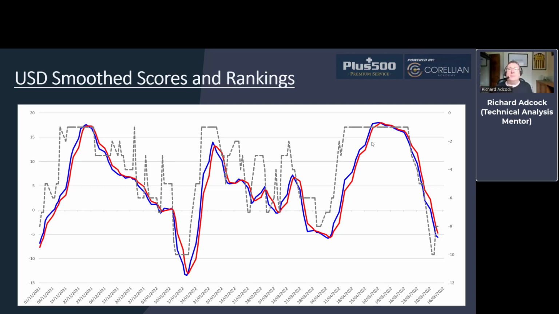So the blue line above the red line means that we're seeing an improving technical backdrop for the US dollar. However, as you can see, most recently the movement has been declining moving averages of scores. This reflects a deteriorating backdrop and the risk of underperformance beginning to develop.